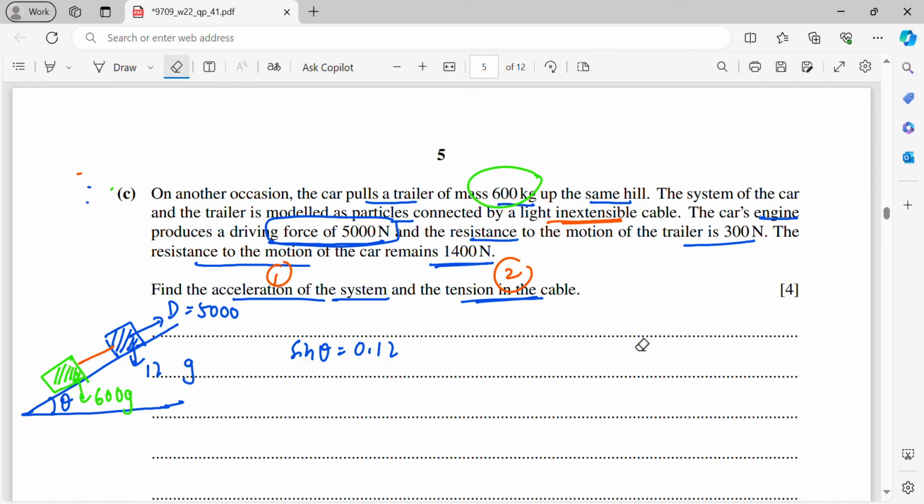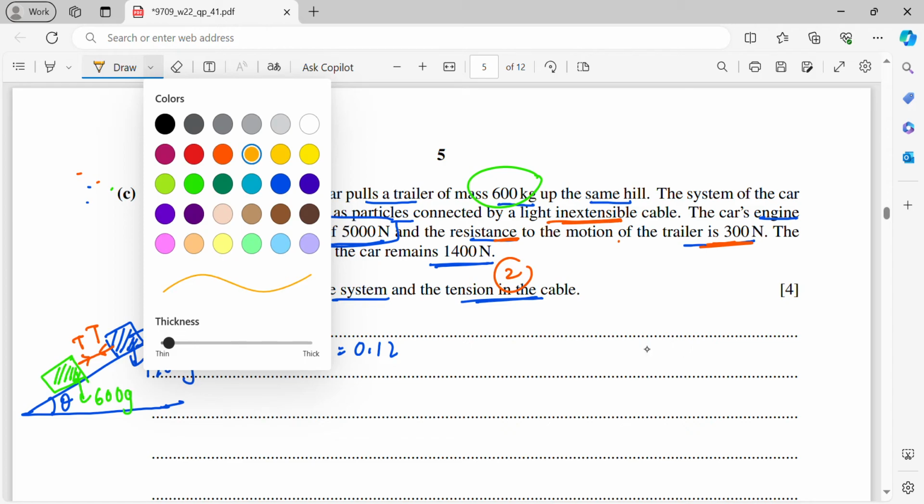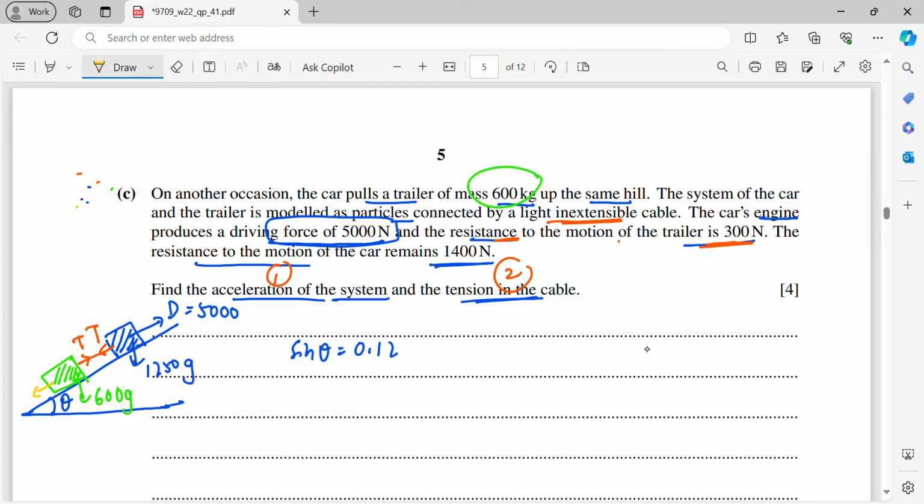Then you have the forces. Since it is a string, you will have the tension T. The resistance to the motion of the trailer is 300, and the resistance to the motion of the car remains as 1,400. So this is the diagram.